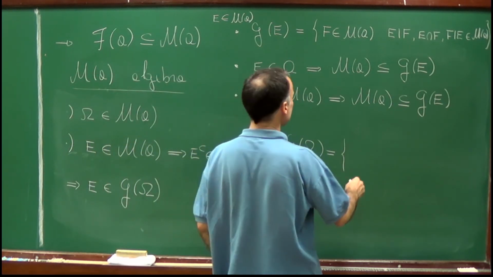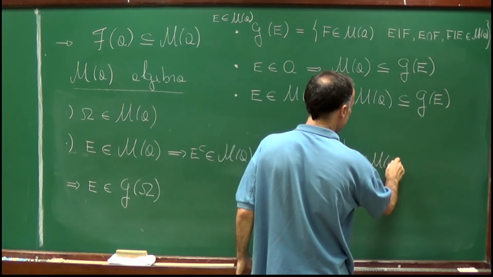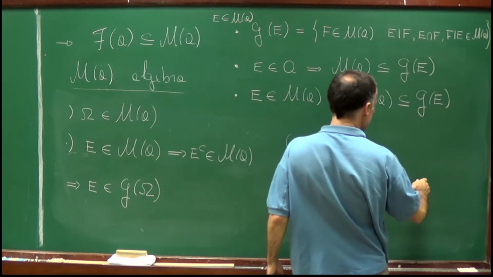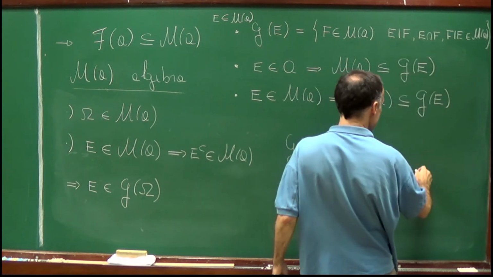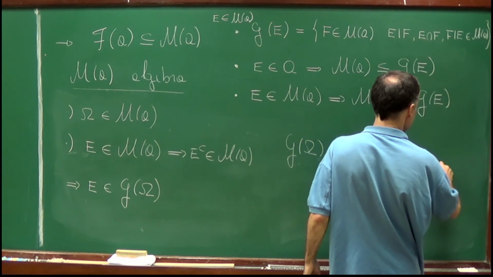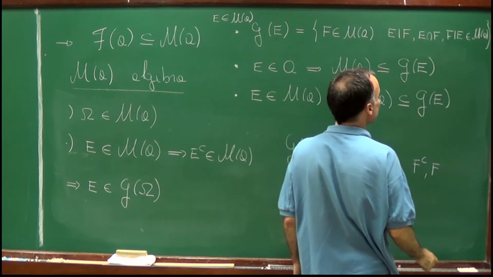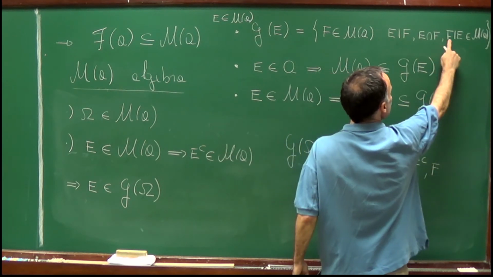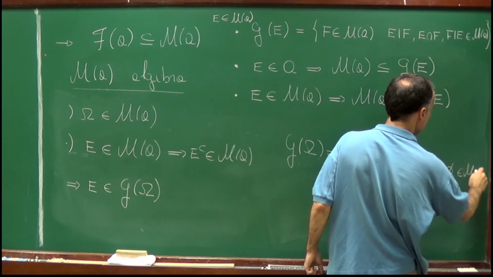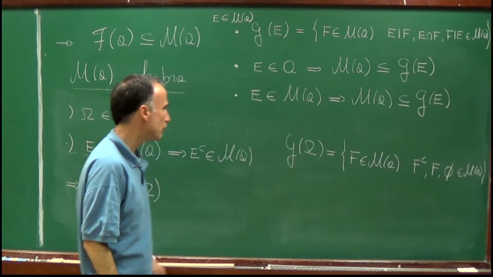So G of omega is the sets F in M of A such that, well, E is omega, so this is omega minus F, which means F complement, omega intersection F, which is F, and F minus omega, which is the empty set. They all belong to M of A.